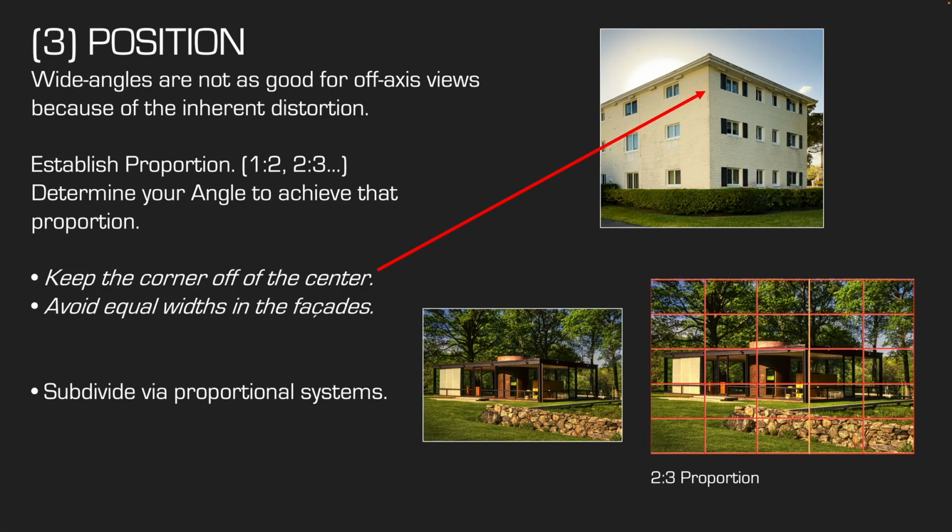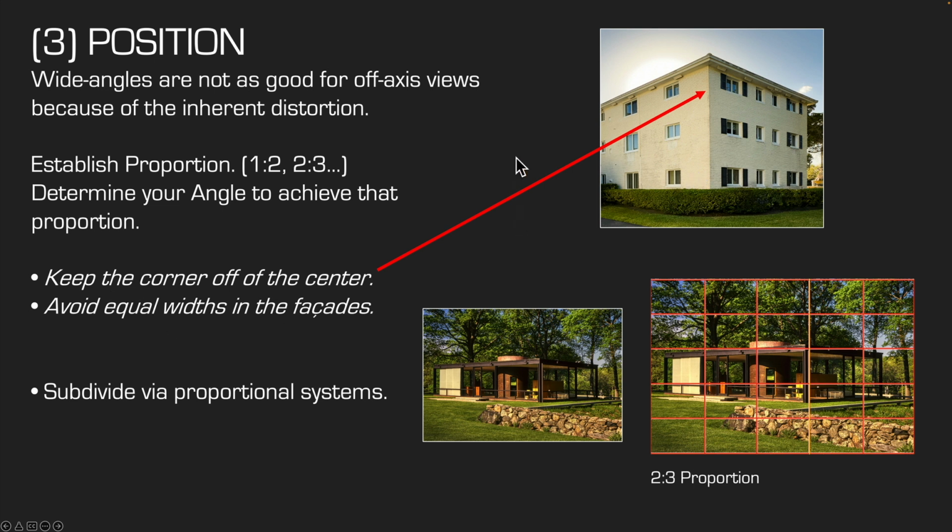Number 3, and this is really important, the position that you take. All things considered, wide-angle lenses are not as good for off-axis views because of the inherent distortion. So you want to establish some kind of proportion for your main facade, whether it's a 1:2 or a 2:3, and then you determine your angle to achieve that proportion.